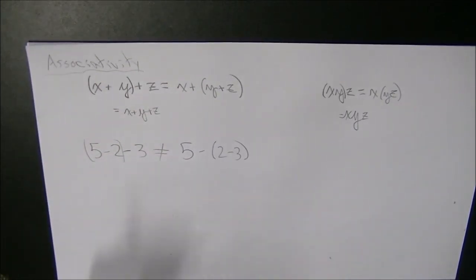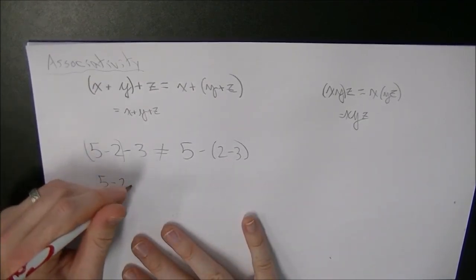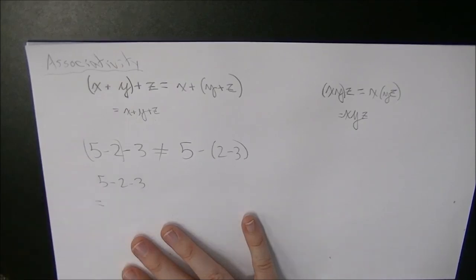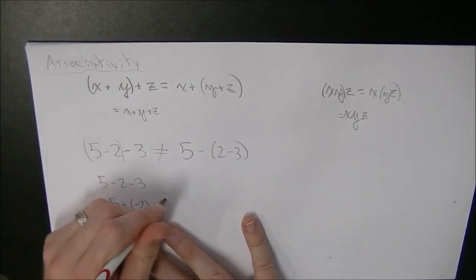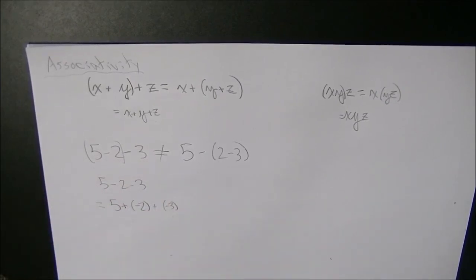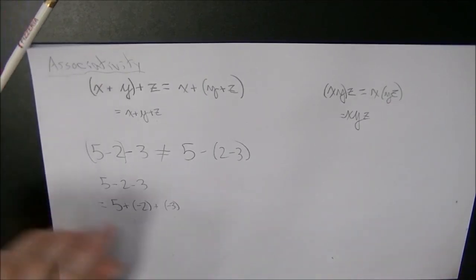Okay, so not so good. But, of course, with 5 minus 2 minus 3, I could rewrite that as 5 plus negative 2 plus negative 3, and we're golden again. We can be associative. Same goes with division and multiplication. All right? Cool, so that's associativity.